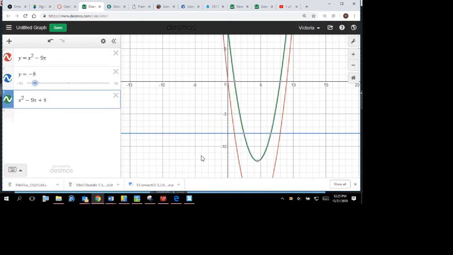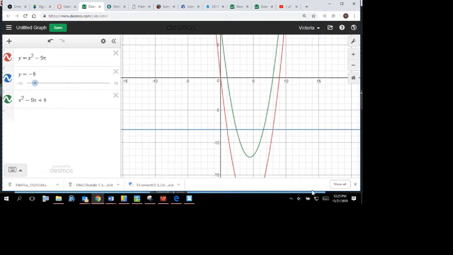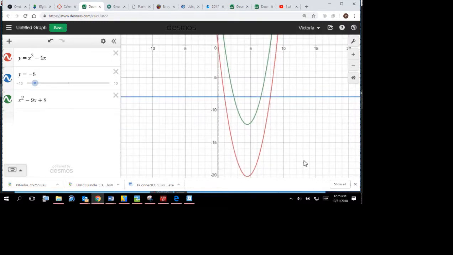So when you look at my red equation, which was the original one that was given to us, and then you look at my green equation, those are almost the exact same equations. What happened between the red one and the green one? It translated up 8, and that's because I added 8 to it.